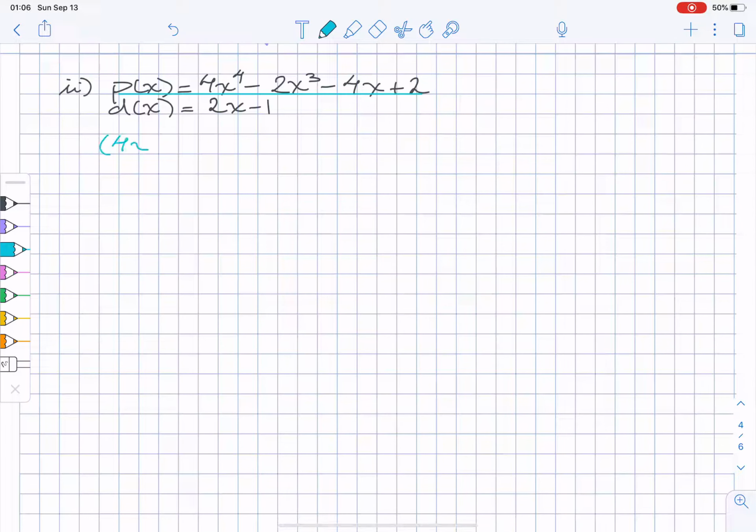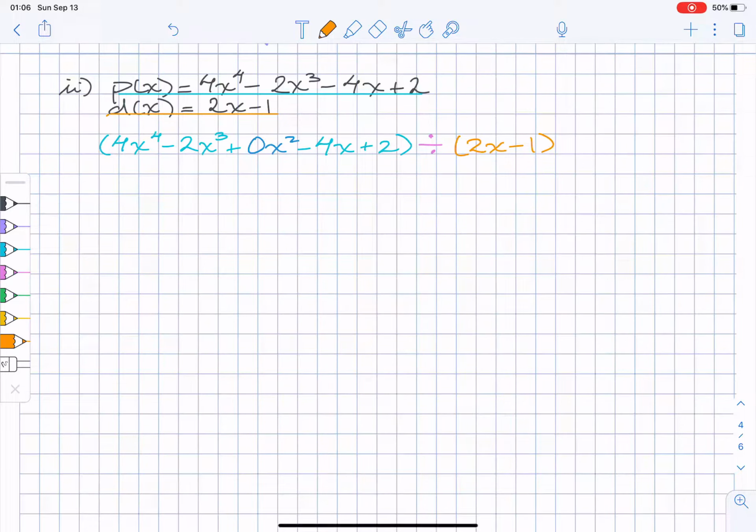We have 4x to the 4th minus 2x to the 3rd, but there is no x squared. So I need to add 0x squared to this. Then I can continue with the minus 4x and the plus 2. Now every power of x has been accounted for. My divisor is going to be 2x minus 1.